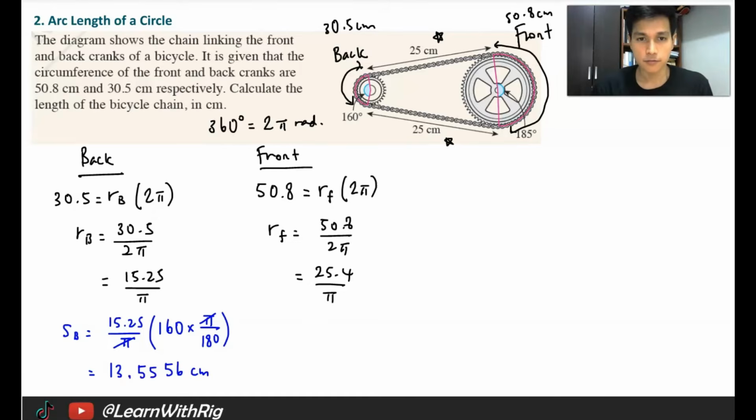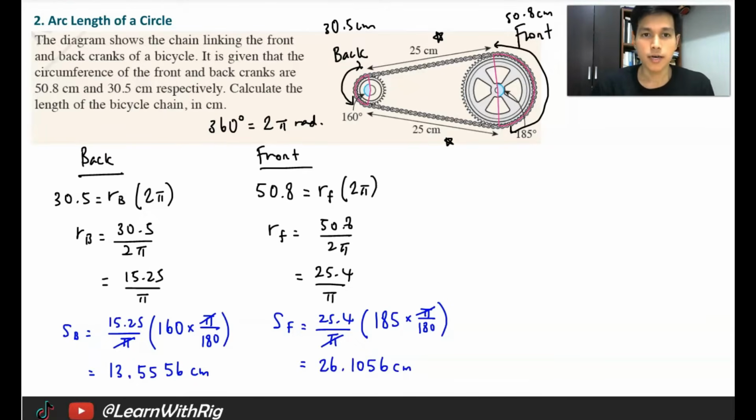And then you have the front. So the arc for the front is going to be R is 25.4 over pi multiplied by 185 times pi over 180. Same thing, you see the pi here, you can cut. So in the end, you should get your answer 26.1056 cm. So they're asking for what?